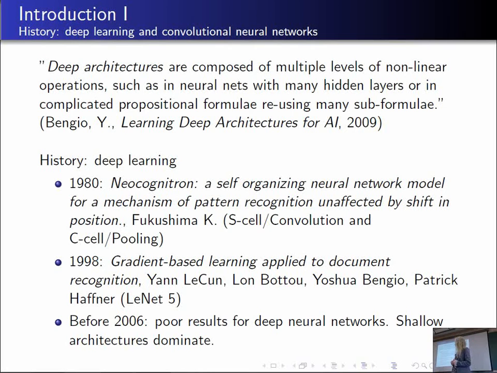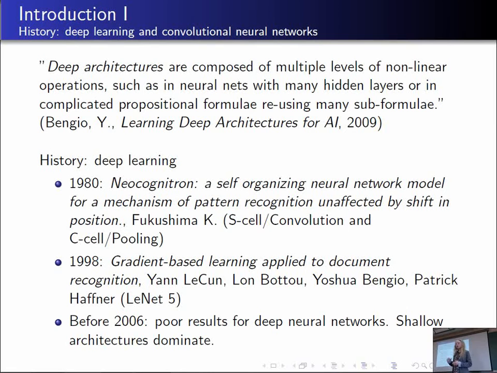The second paper was published in 1998 and is written by LeCun, Bottou, Bengio, and Haffner. It's a very well-known paper that introduced a very well-known network, LeNet-5. I will give more details about it a bit later. You have to know that before 2006, deep architectures were not really used because it took a lot of time and it was difficult to run.